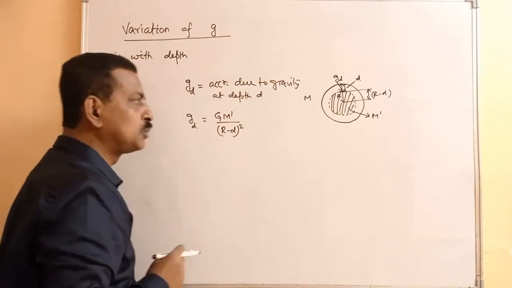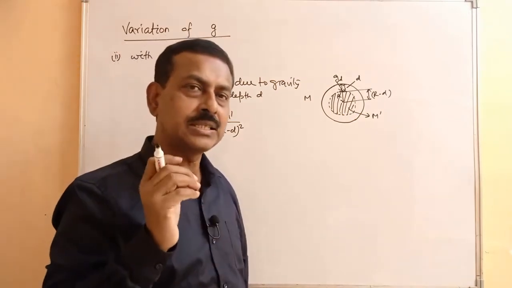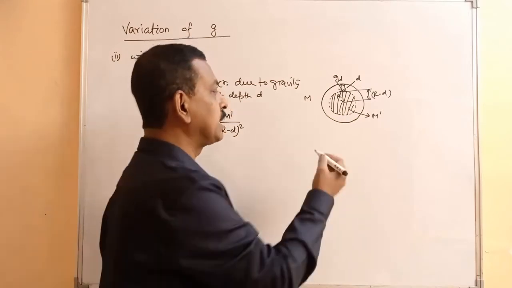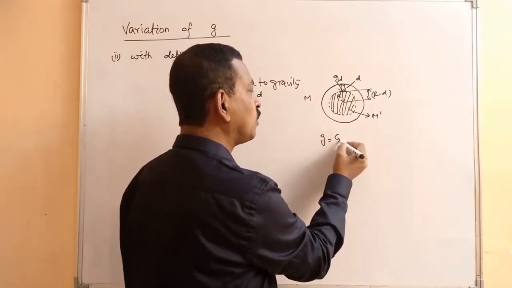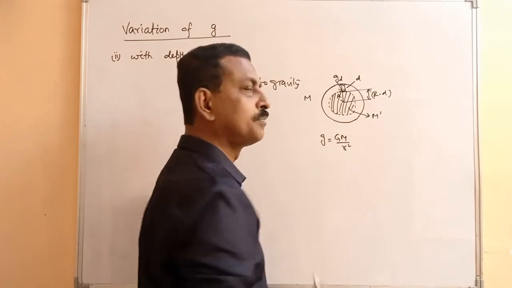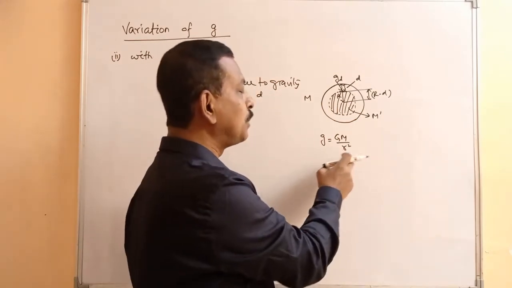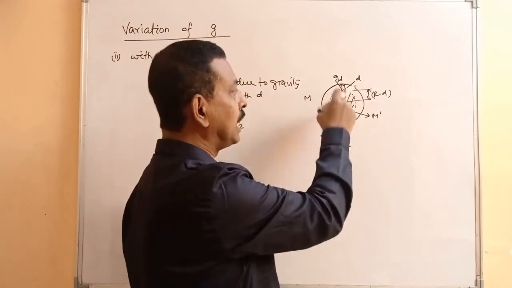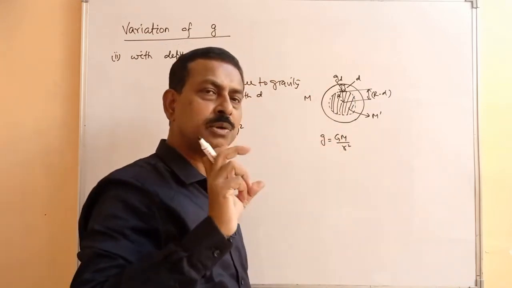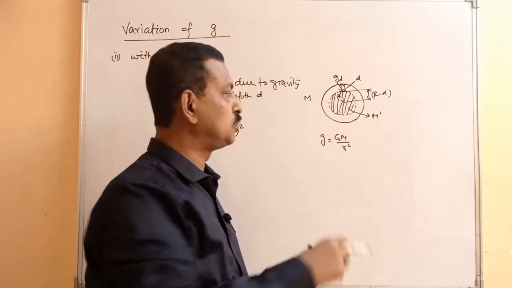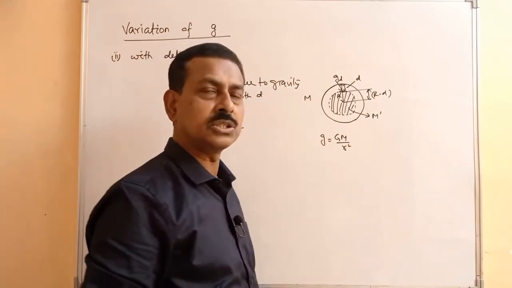Now here you have to think: for acceleration due to gravity, the general formula we took there was GM by r square. If you use this one, if r is decreasing, because as you are going inside the earth the distance from the center will decrease, it will appear that this g should increase.